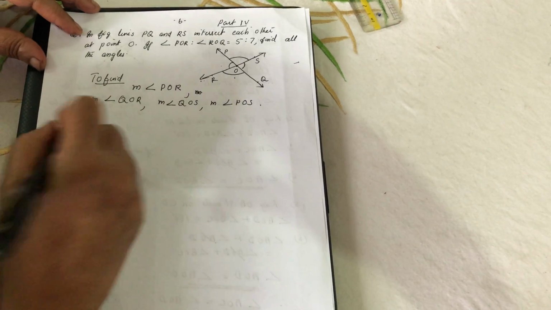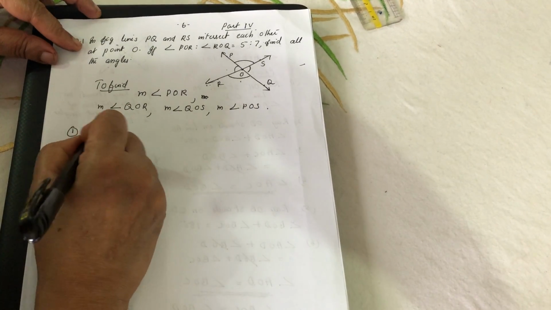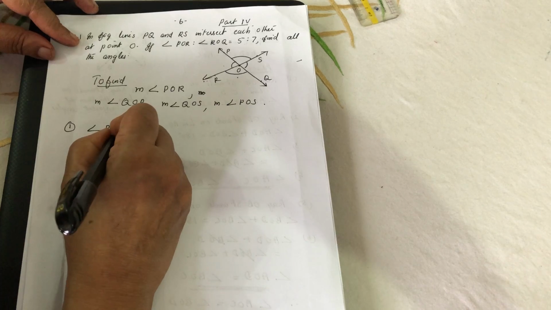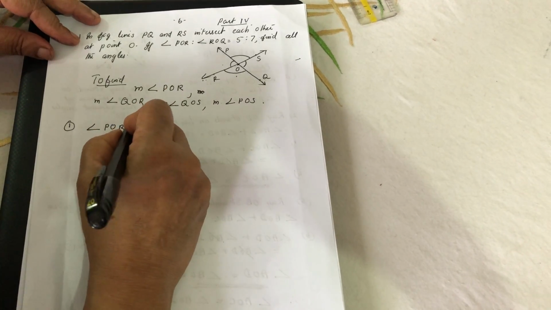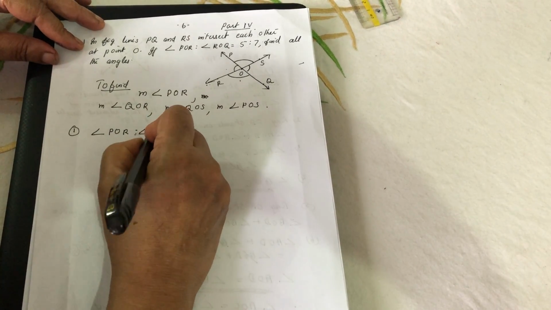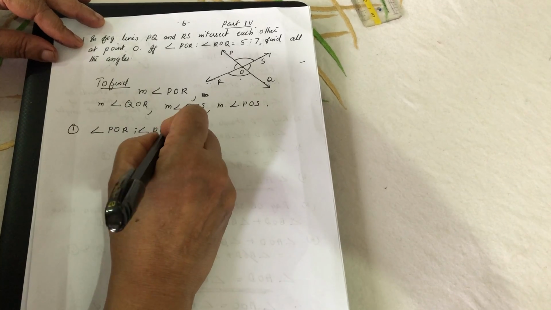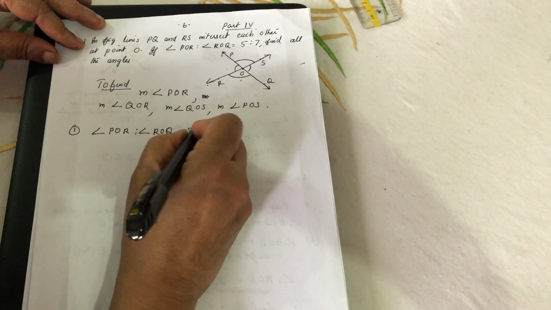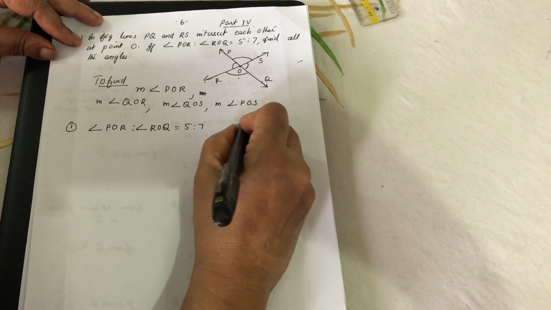First one, it is given angle POR to angle ROQ equal to 5:7. This is given.